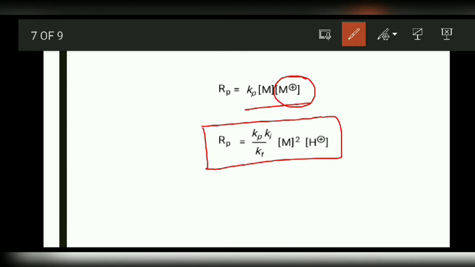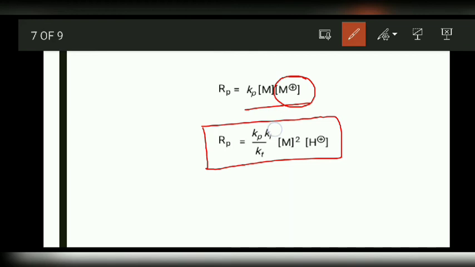So this is the rate of propagation, which is also known as rate of polymerization, right. So this is Kp into Ki divided by Kt into molar concentration of monomer squared into molar concentration of H plus, that is positive ion concentration.